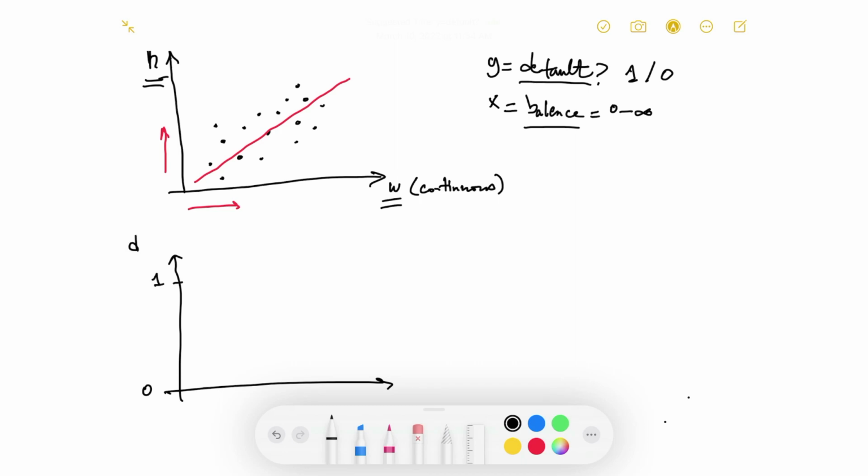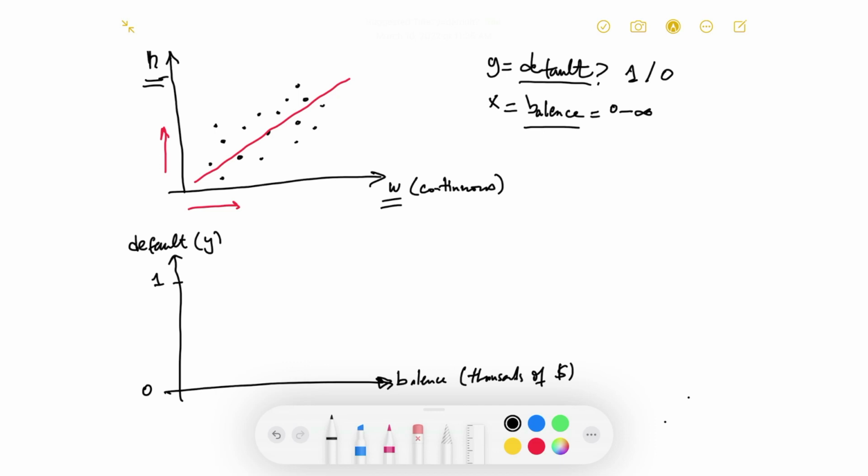And this is default, or y, my labels, my dependent variable. The range of default is just 0 to 1. It's discrete. There is no 0.5 or 0.75 or 0.66. You either defaulted or not. You don't kind of default. Now on the x-axis here, we have balance, let's say it's balance in thousands of dollars, okay? Hypothetically speaking.